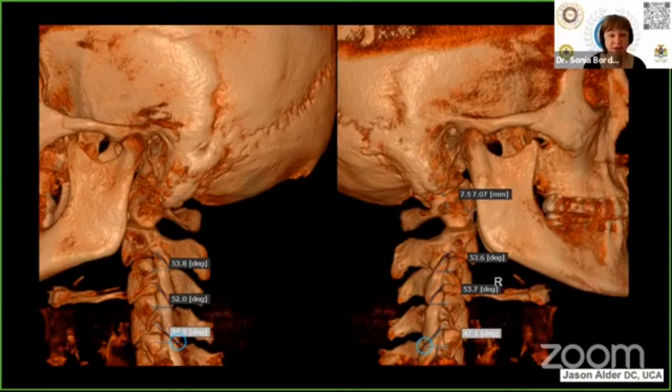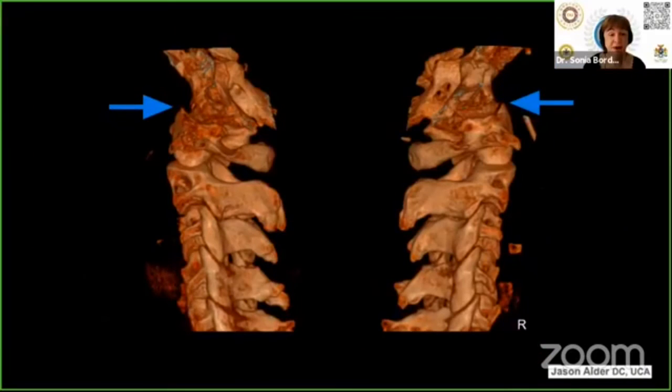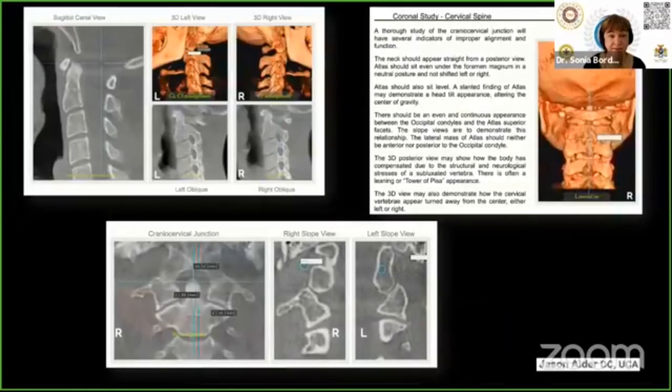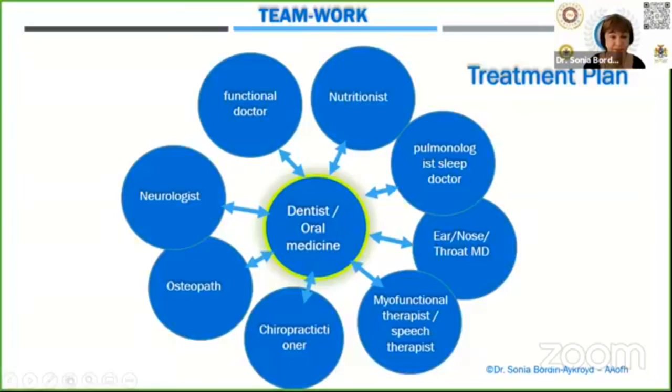He made a detailed analysis of the problem and sent me the report in writing. The patient had postural compensations and some rotated cervical vertebrae. After the first adjustment, the patient already reported improvement in his migraine and neck tension.